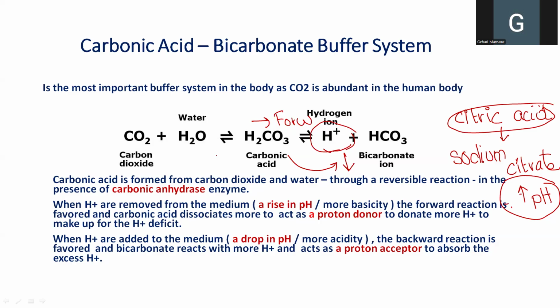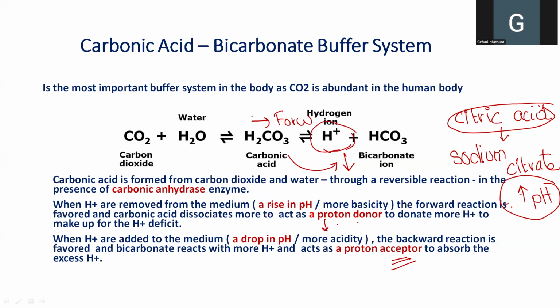So in such a case, carbonic acid will be a proton giver or a proton donor. So in cases of acidity, bicarbonate acts as a proton acceptor, whereas in cases of increased alkalinity of the blood and a rise in pH, we have a proton donor.